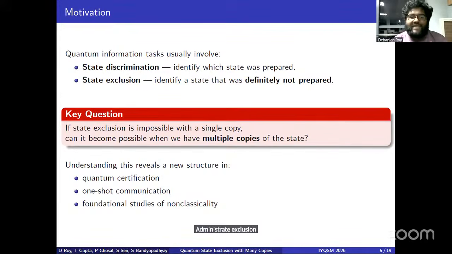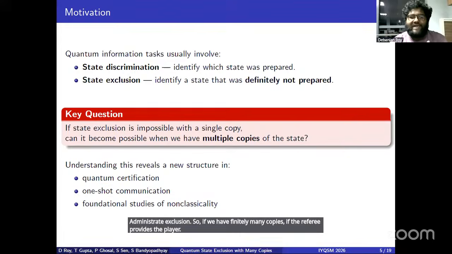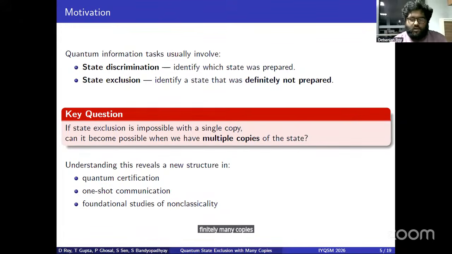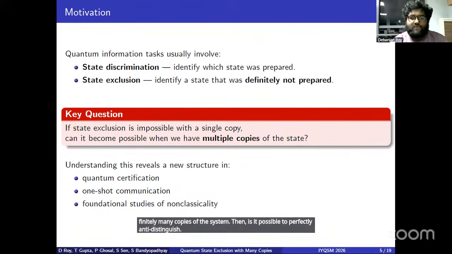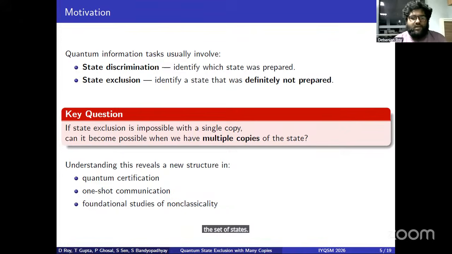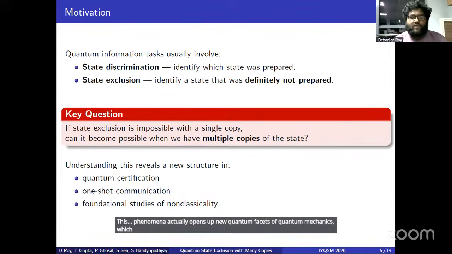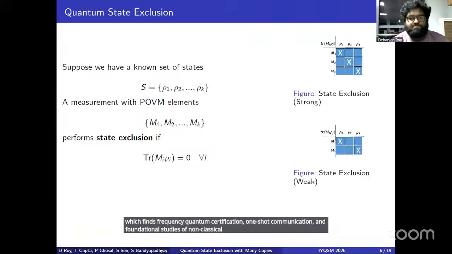So if the referee provides the player finitely many copies of the system, is it possible to perfectly anti-distinguish the set of states? Understanding this phenomenon opens up new facets of quantum mechanics, which finds relevance in quantum certification, one-shot communication, and foundational studies of non-classicality.